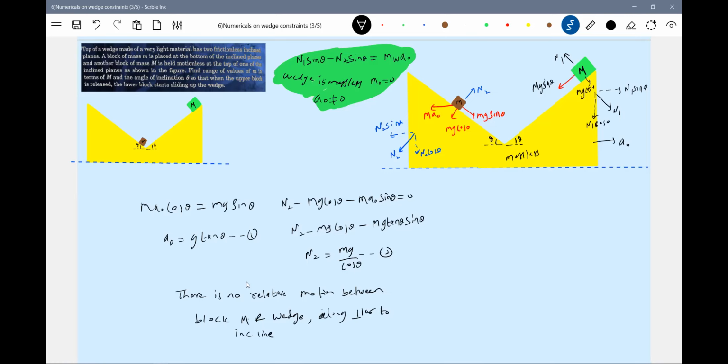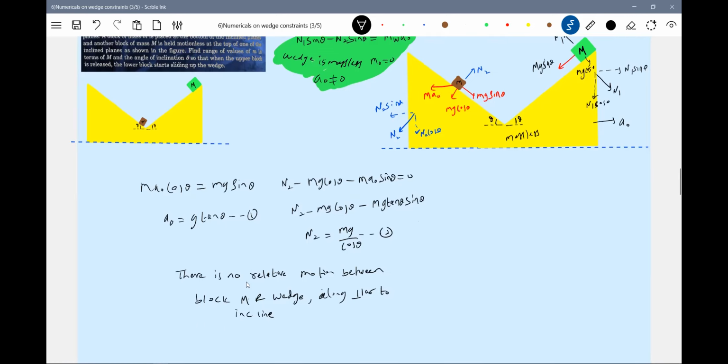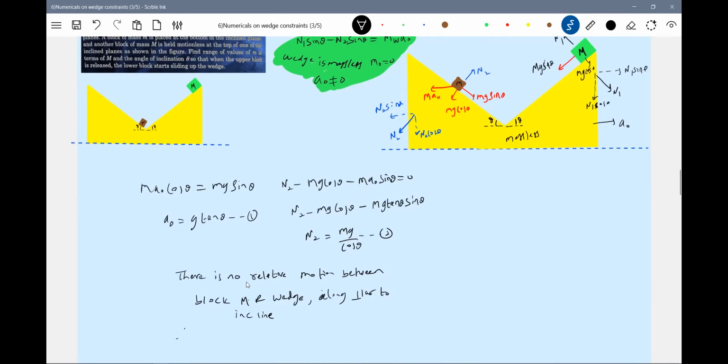So based on this I'm going to write N1 minus M1 g cos theta minus M1 A naught sin theta.